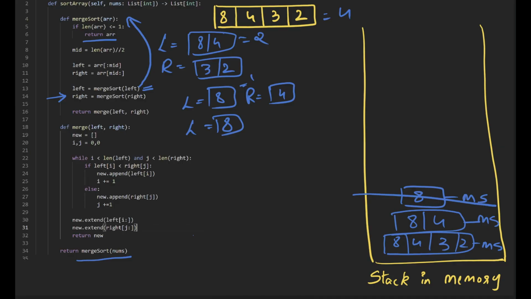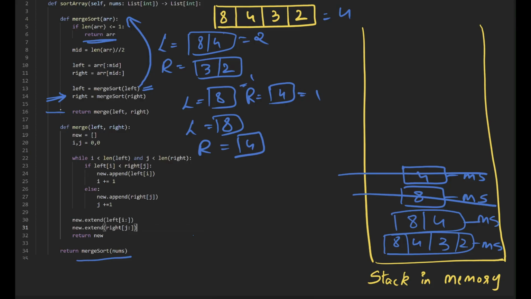The right value is 4 and we calculate the merge sort for right. Length is 1 and it hits the base case. We track it since we are calling it with 4, and since length is 1, it will directly return the array, and our right will become 4 in line number 14. Since we returned, we will pop it out of the stack.